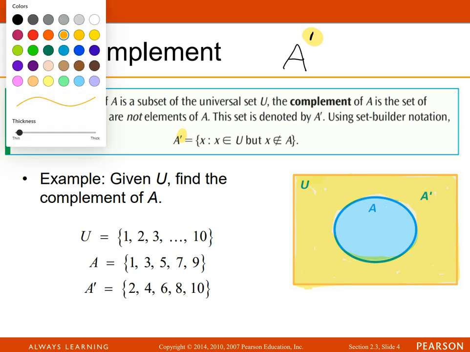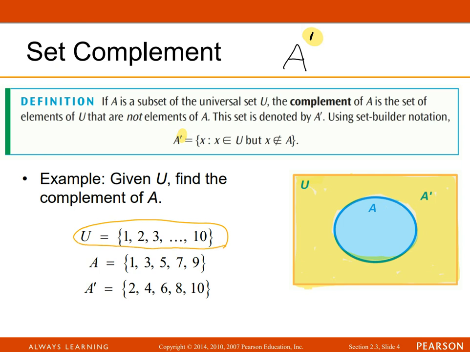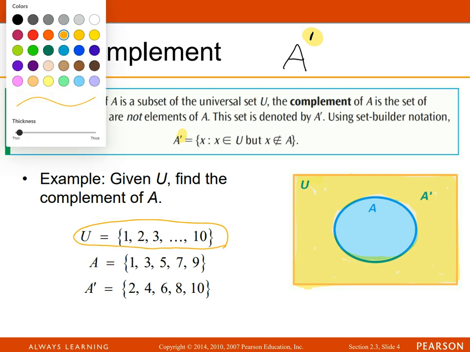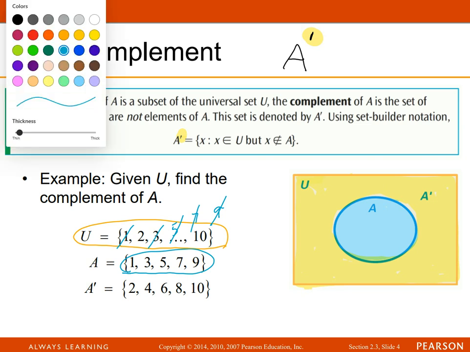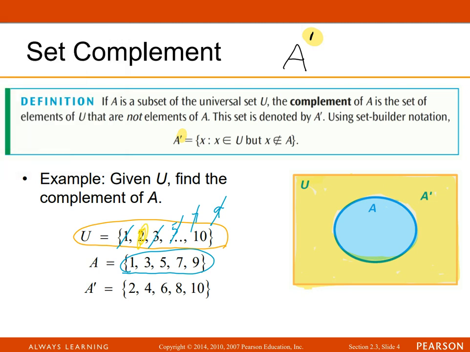If the universal set is the numbers 1, 2, 3, 4, 5, 6, 7, 8, 9, 10, and then they tell you that set A is 1, 3, 5, and 7, then you would come up to the universal set and say, well, it's not going to be 1 or 3 or 5 or 7 or 9, but the complement is going to be the 2, the 4, the 6, the 8, and the 10. 2, 4, 6, 8, and 10.